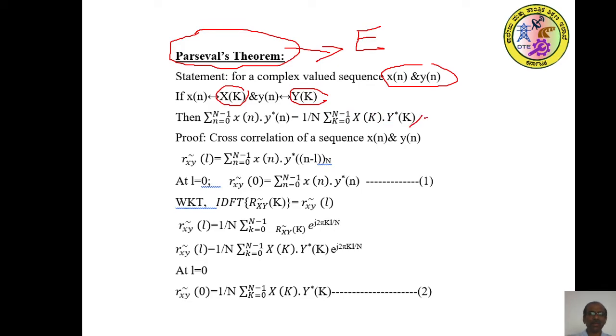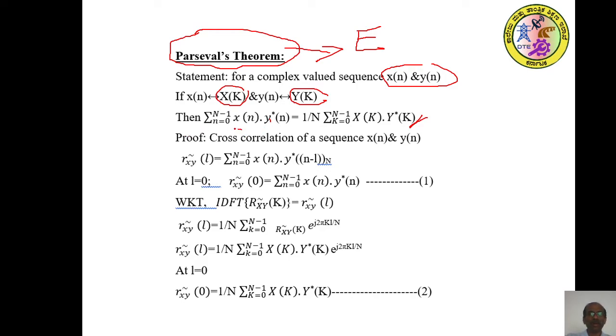This is the statement of Parseval's theorem. You must remember this line. First term, complex conjugate of second term, product added. Similarly, first term DFT multiplied with complex conjugate of second term DFT, added, scaled by 1 by n. This is how you can easily remember your formulas.